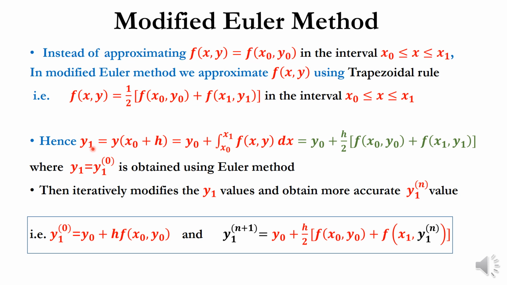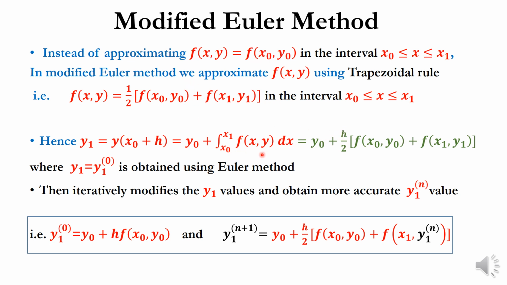That is, y1 equal to y of x0 plus h equal to y0 plus integral f of x y dx. So this f of x y is approximated as this one. So this is taken outside and the integral is integral dx, which is equal to x1 minus x naught, that is h.